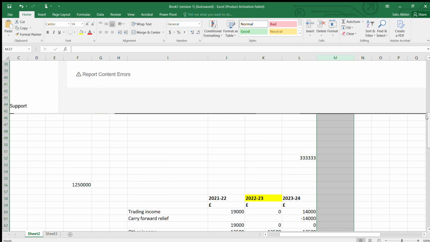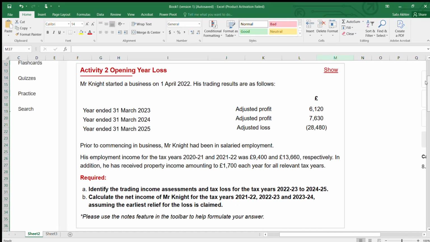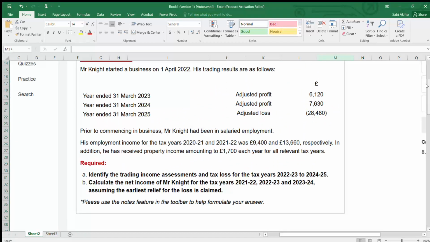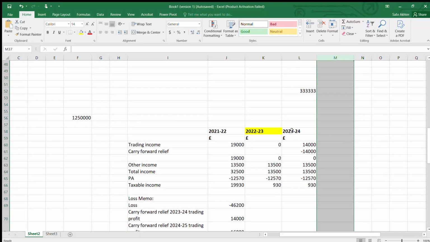So you will go back and carry it back from the previous 3 years. Now, on a FIFO basis, 21-22 first, then 22-23, then 23-24.